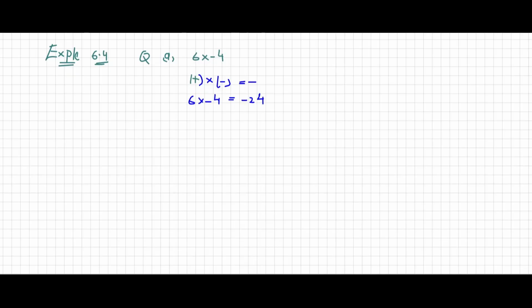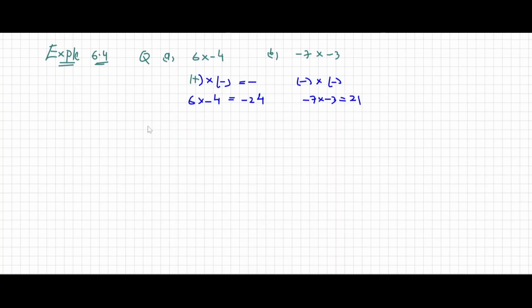Similarly, the next part is part B, minus 7 into minus 3. Basically we are introducing the sign, and it's a negative number into a negative number. So it is like a positive number. So minus 7 into minus 3, it will give you 21.